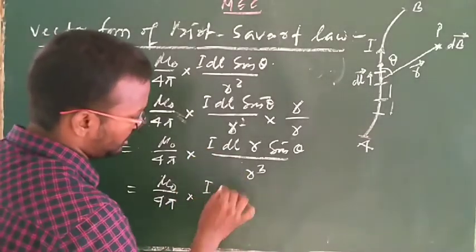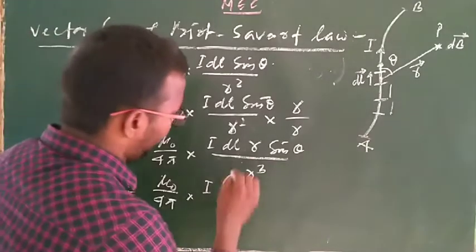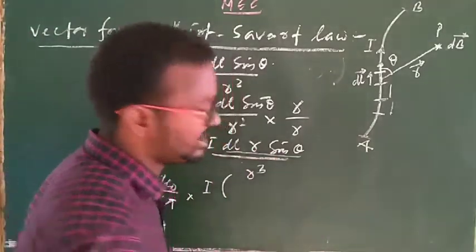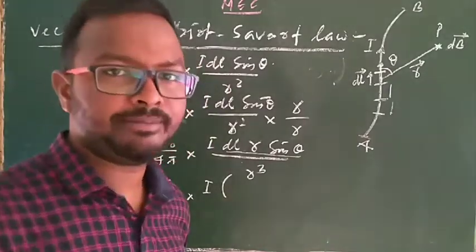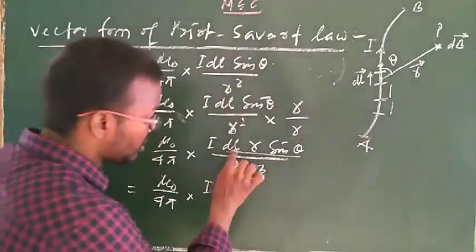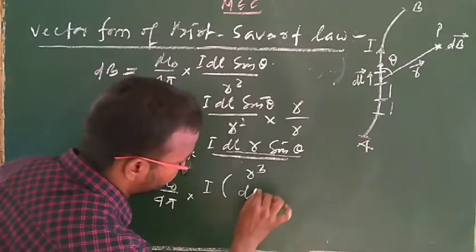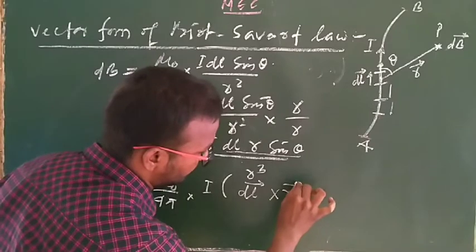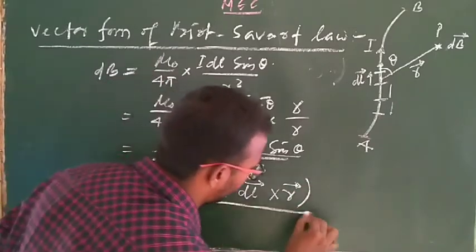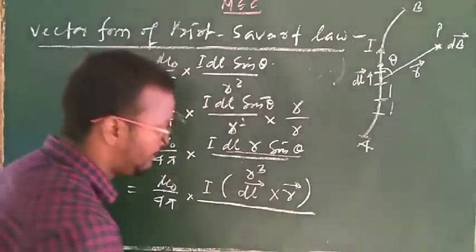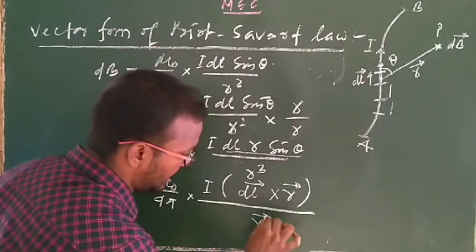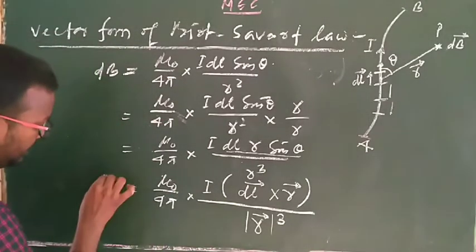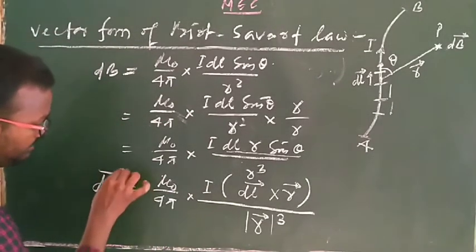Or the above equation can be written in vector form, that is mu naught by 4 pi into I. This is a constant quantity, so you can take it out. Then dl r sin theta. What is dl r sin theta? That means A cross B equals AB sin theta. So this is the cross product of dl vector cross r vector, divided by the cube of the magnitude of r vector, and then this relation will be dB vector.